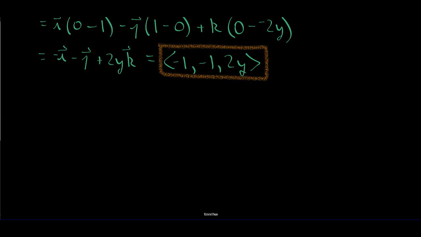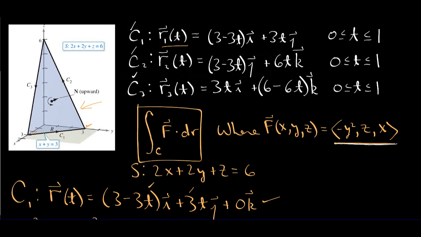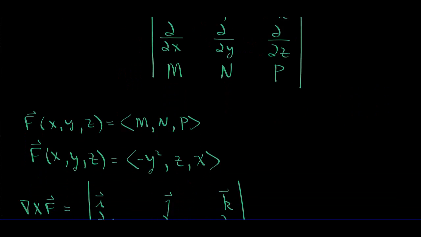And the surface, this is the first time we really referenced this, was 2x plus 2y plus z equals 6. Let's just go back and remember this surface right here. So that's where this plane is intersected by these three lines.